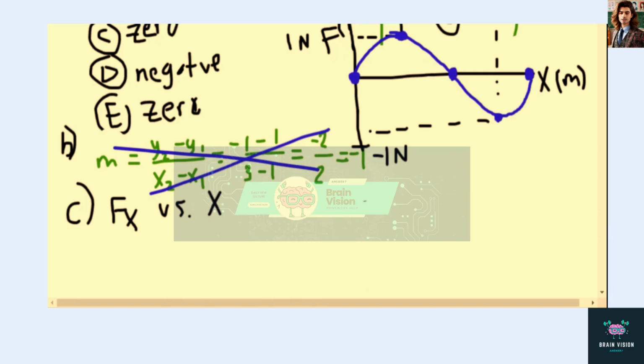When I took the derivative, I actually got close to 2.2 here, and down here close to -2 newtons.